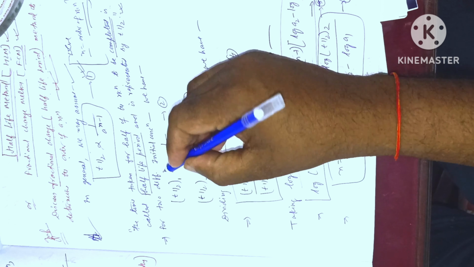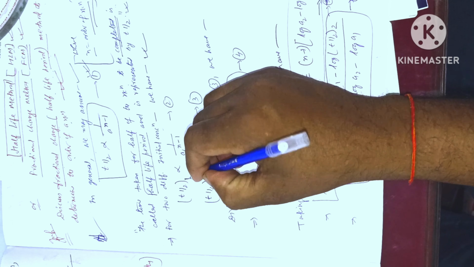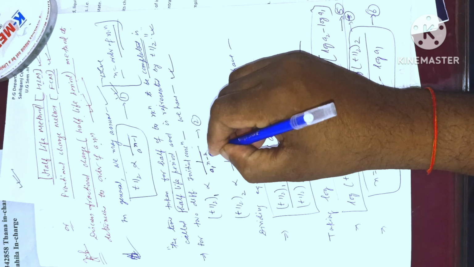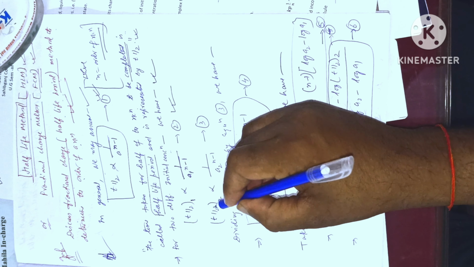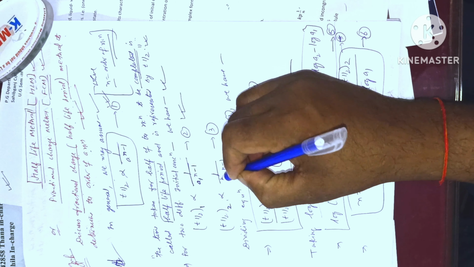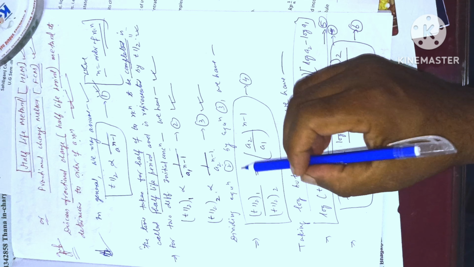Therefore, for two different initial concentrations, we have T half 1 proportional to 1 upon A1 to the power n minus 1, say equation number 2. Now, T half 2, for the second initial concentration, is proportional to 1 upon A2 to the power n minus 1, say equation number 3.